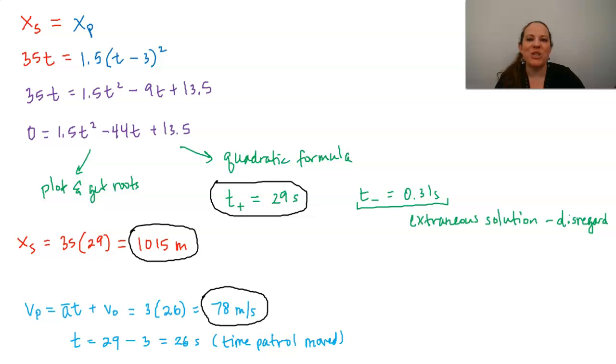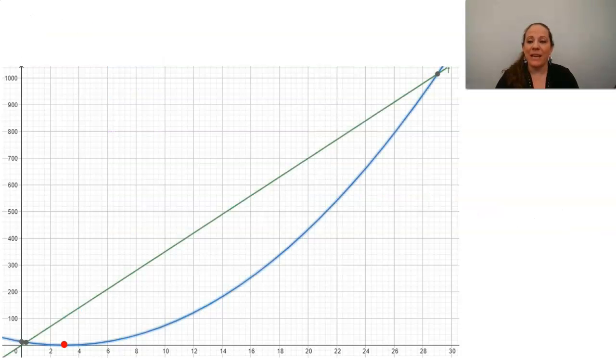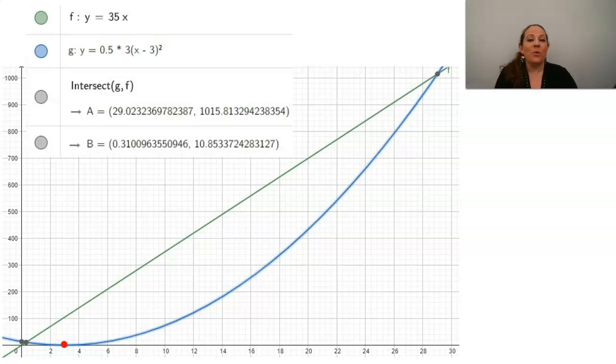Let's go check out what GeoGebra had to say. So here's that graph again. So GeoGebra gave us pretty close to exactly the same answer. I rounded a little bit differently. So notice GeoGebra said 29.02 seconds.